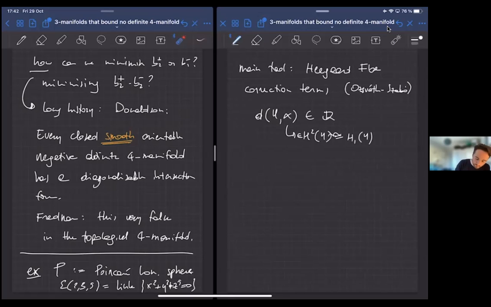And they have nice properties in the sense that they are additive with respect to connected sums and orientation reversal symmetric.